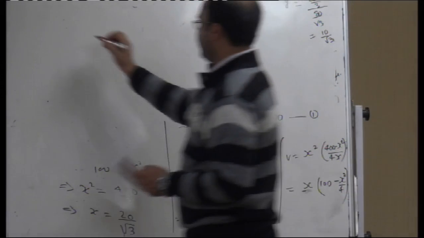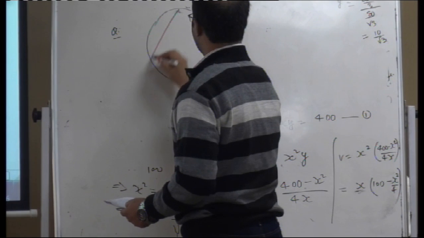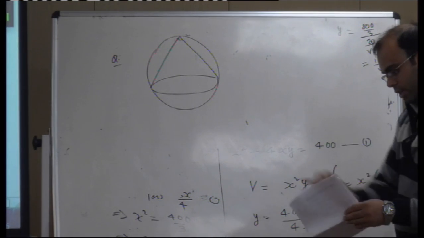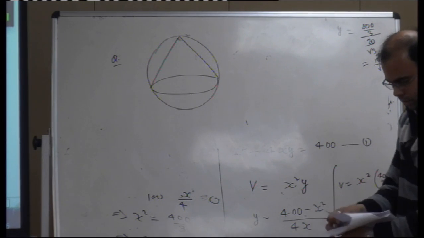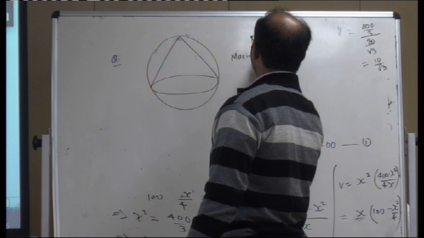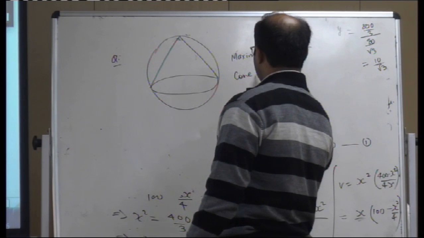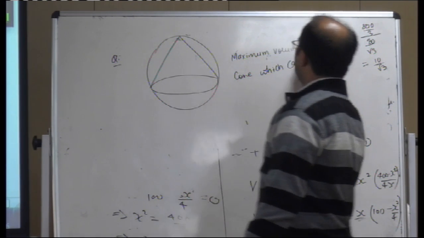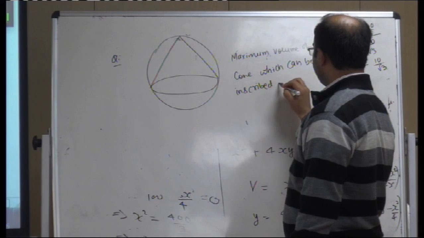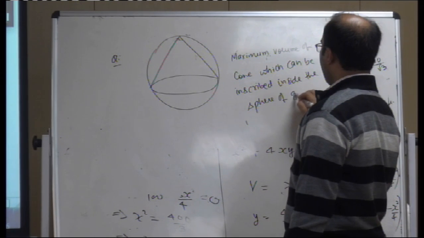In this question it is given that there is a sphere, and in that sphere there is a cone inscribed, and here you have to find the maximum volume of the cone which can be inscribed inside a sphere of given radius r.